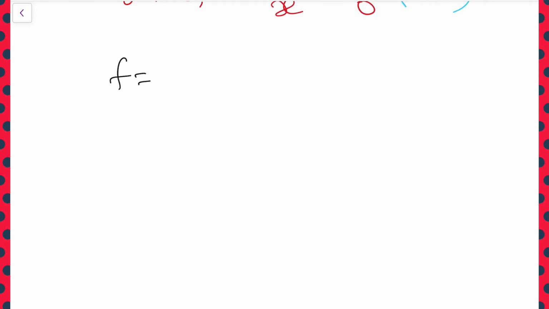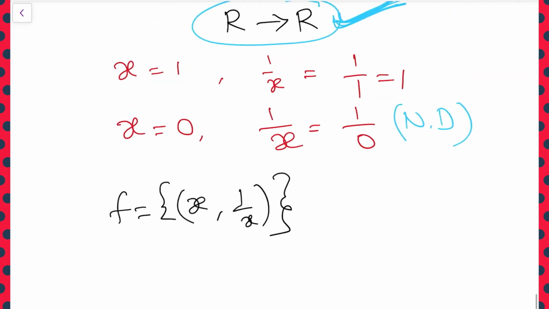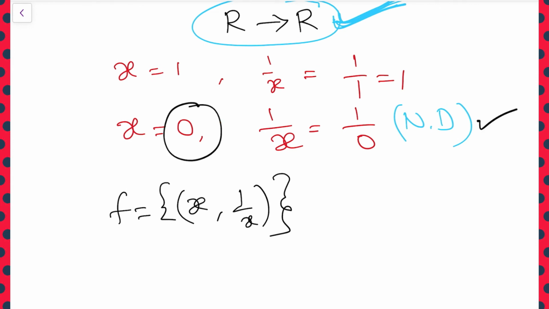F is equal to x comma 1 by x as usual. That same relation again I am taking. This relation we are making it a function. Then what we need to do? In the previous one, when we took 0, the answer we got was not defined.